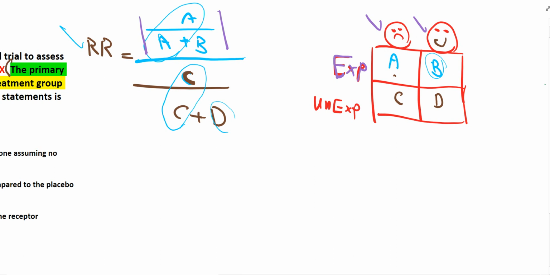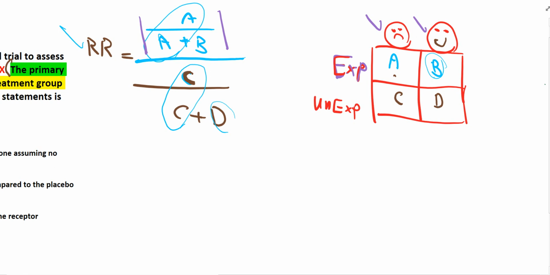Of course not. You include B and D, which are people who can be true negative or could be false positive or false negative. So it's not 100% a correct way of calculating your risk or relative risk.